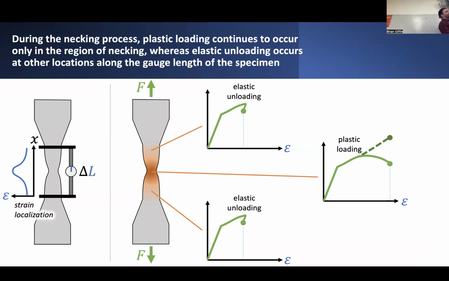The strains are localizing. They're becoming larger and larger in the area where the specimen is necking. And that is really difficult to assess if you yourself have not run the experiment and if you're not aware of whether or not this phenomenon is occurring. Which basically means that if you're working with stress strain data that somebody has provided you, and you don't have a lot of those insights, you might make the mistake of saying, I'm just going to calibrate a material model that exhibits strain hardening behavior up to a point and then exhibits strain softening behavior.